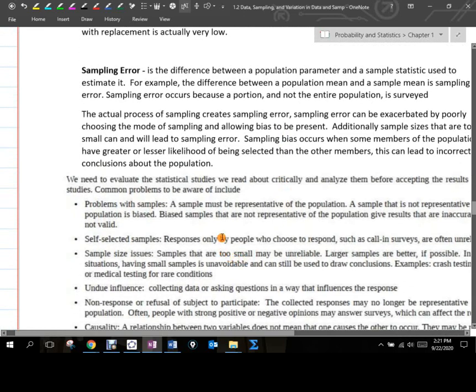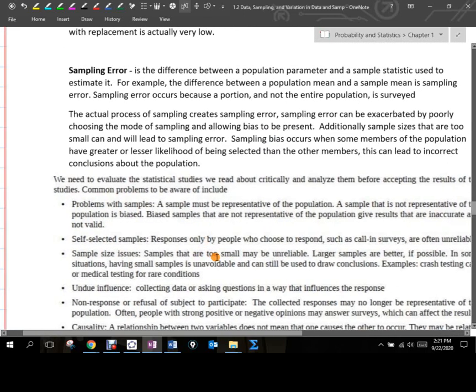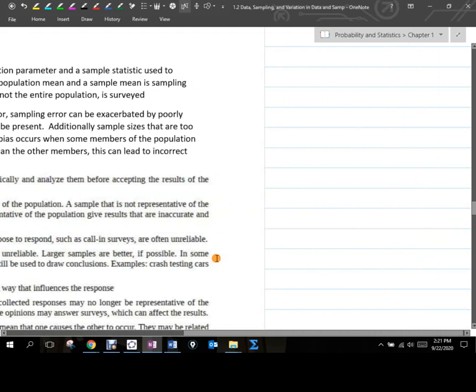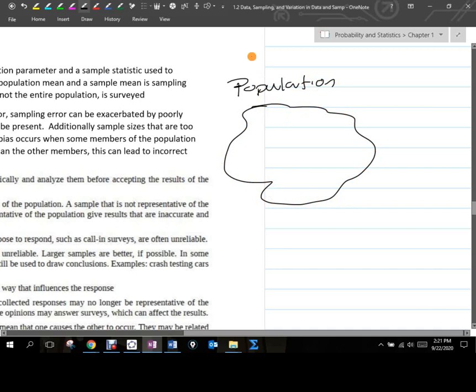We ended yesterday talking about sampling error, and what I want to talk about is the idea that when we take a population, a big group of people, and we take a sample out of there, the sample statistic, the number that is attached to that and is trying to represent the population, is going to be different than the population parameter.